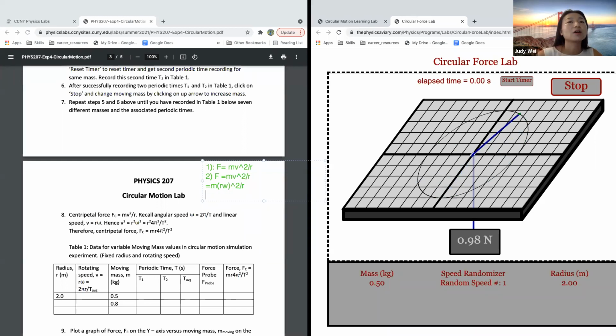And omega is 2 pi over T. So m times r, we take this r squared out, omega squared. So omega now we can replace by 2 pi over T.